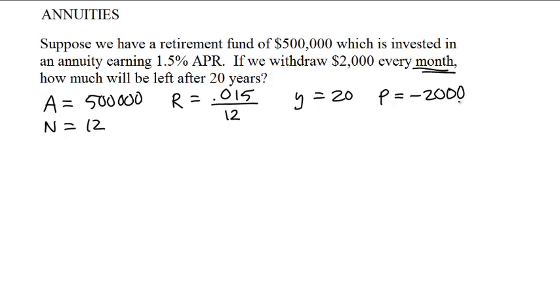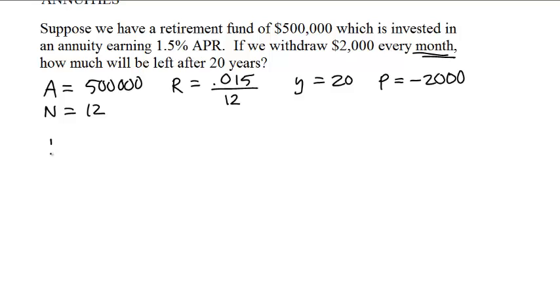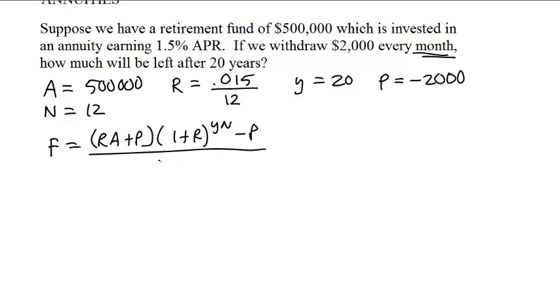And we use the same formula that we always use, which is F equals (RA plus P) times (1 plus R) to the yn, minus P, all over R. In this situation, that's 0.015 over 12 times 500,000 plus negative 2,000, which is the same thing as minus 2,000.